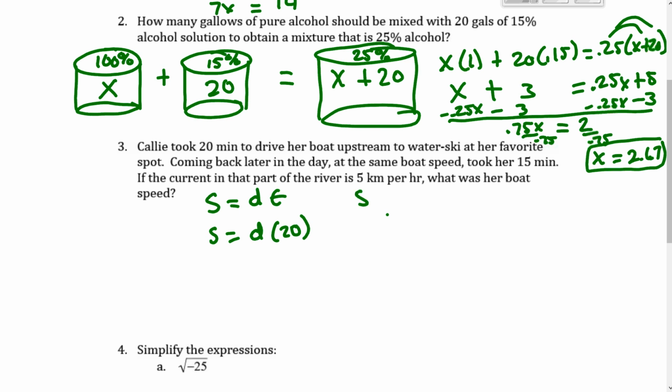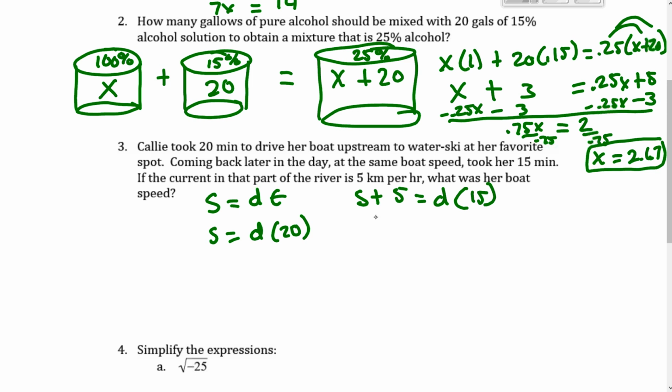And then on the way back, overall she gets there faster because the speed of the boat is the same as on the way there, but we have to add that 5 kilometers per hour that she went faster. So s plus 5, and her distance, we don't know yet, equals our time. This time our time was 15 minutes, right?